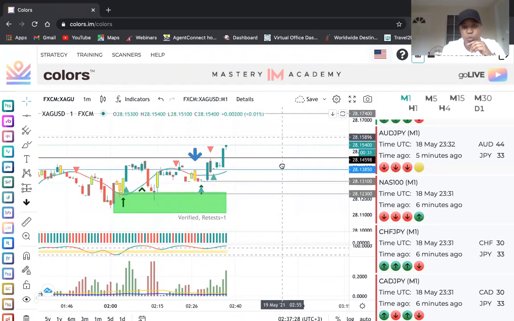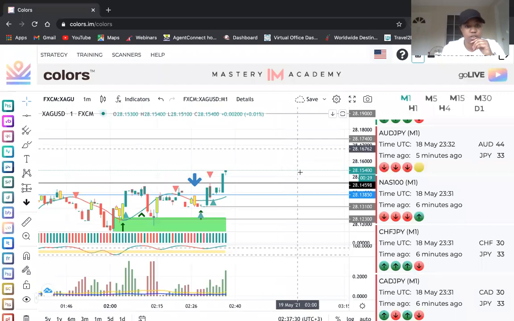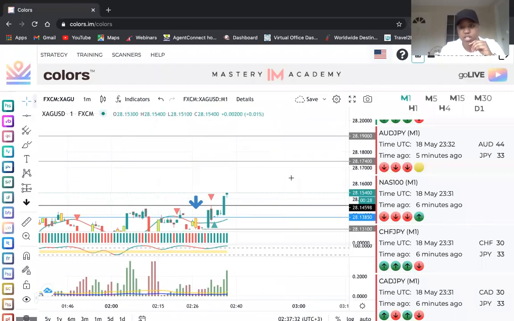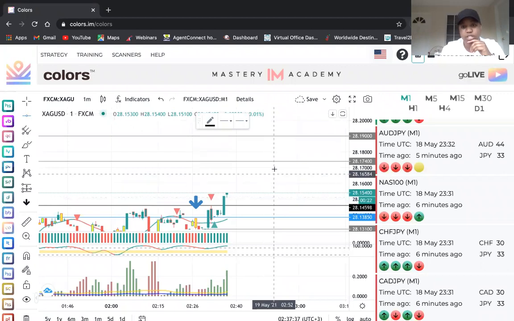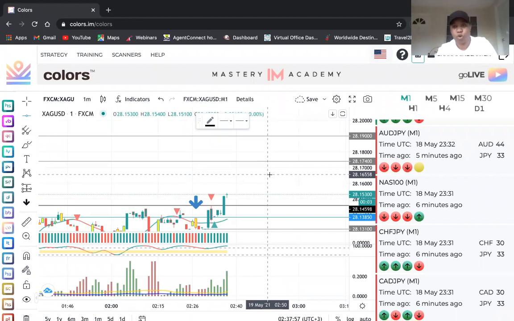And your TP1, guys, is 28.17400. Your stop loss is 28.13100, and your take profit is 28.17400.